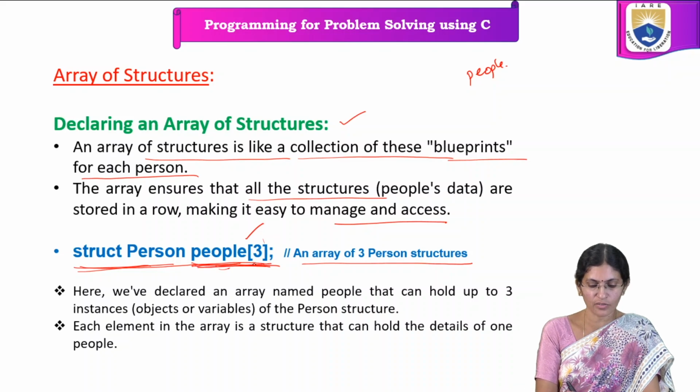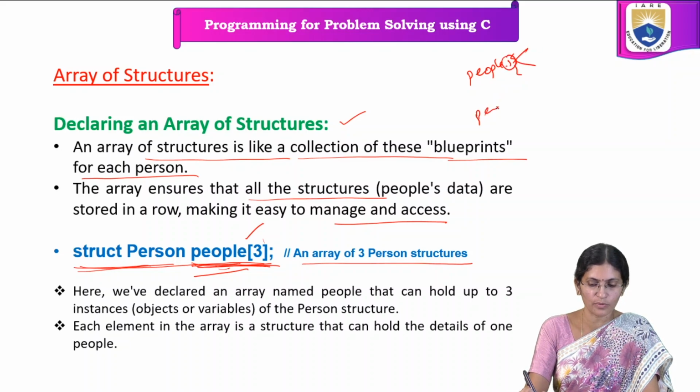Each person has 2 attributes, name and age.